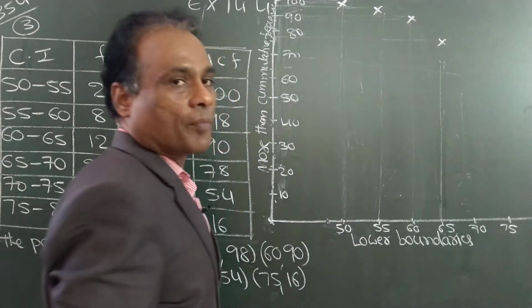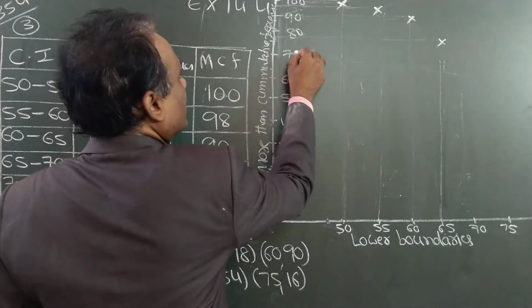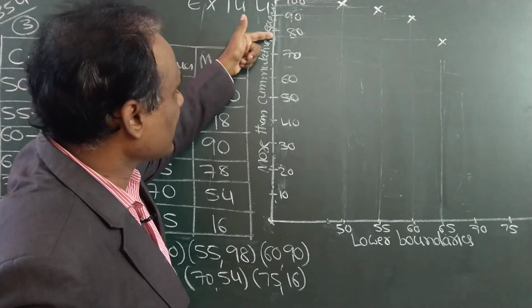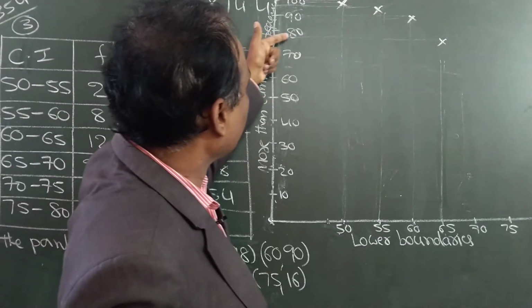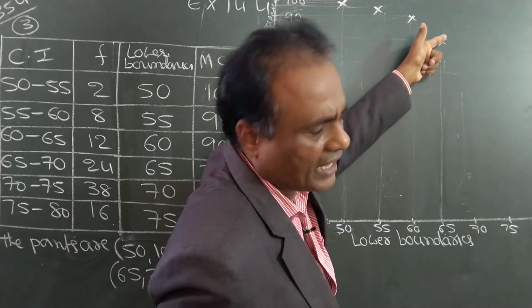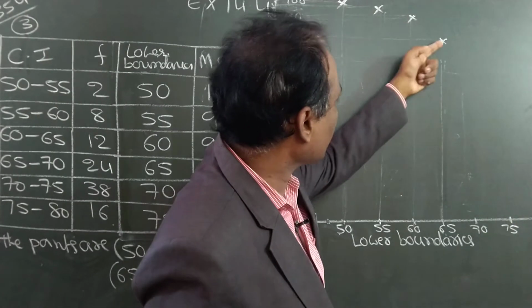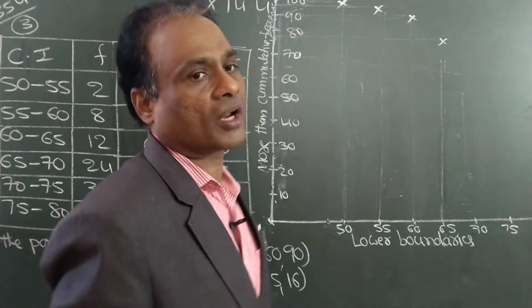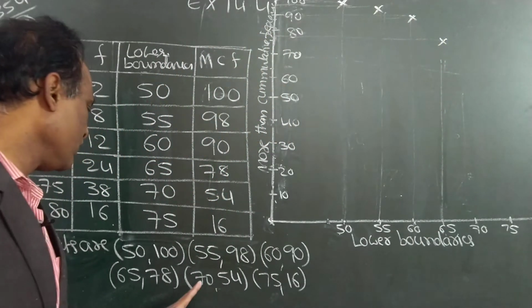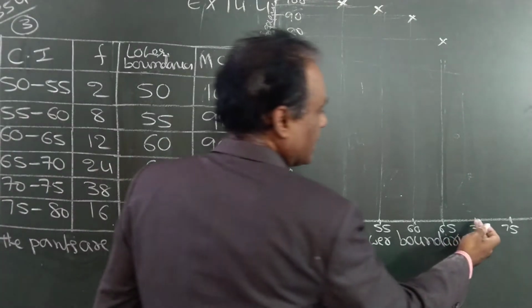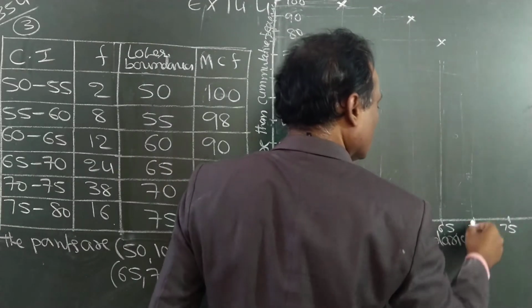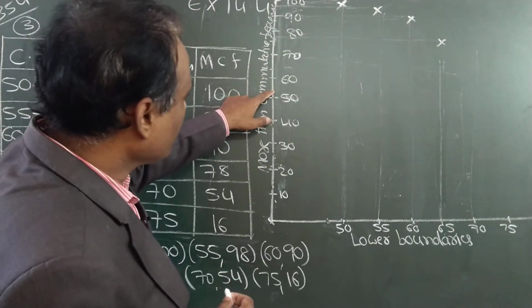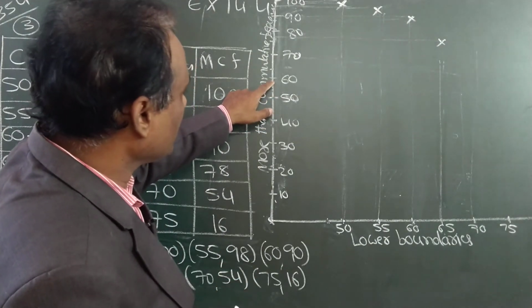If you draw on the graph paper, after 70 there will be small squares. Each small square has 1. So count 8 small squares. On that 8 you see the lines in the graph paper. From 65 also see the line where they are meeting. That point you mark. Next, 70, 54. 54 will be after 50: 51, 52, 53, 54 like that.